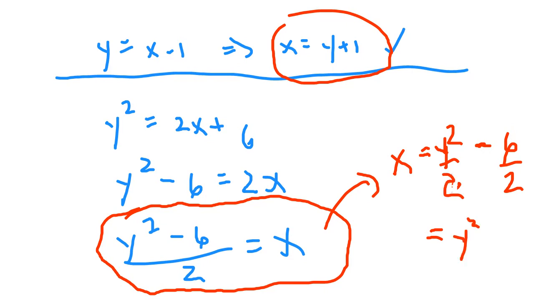So x will equal y squared over 2 minus 3. Okay, and that is what they have there in the figure.